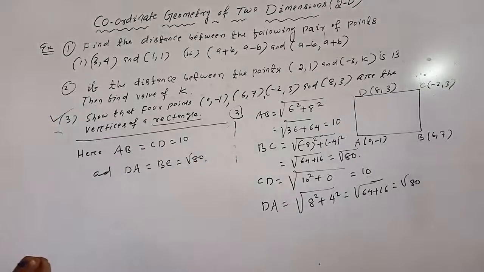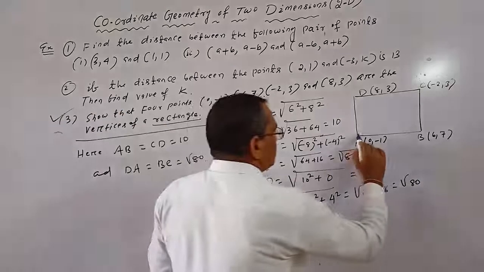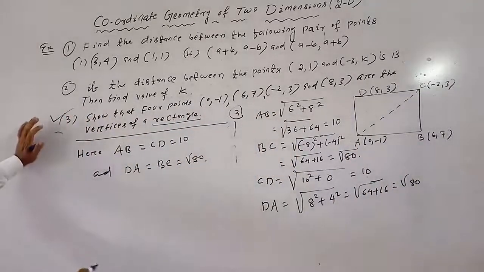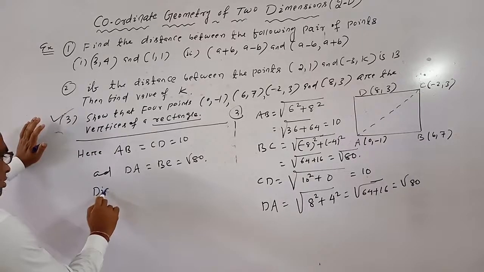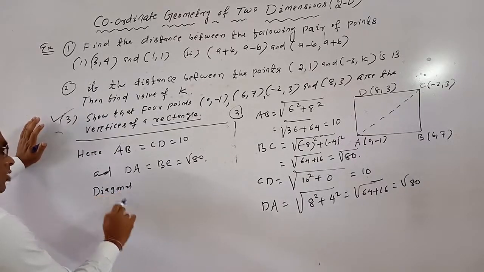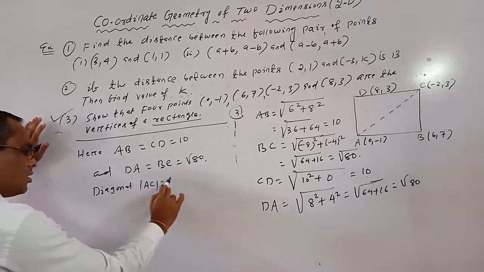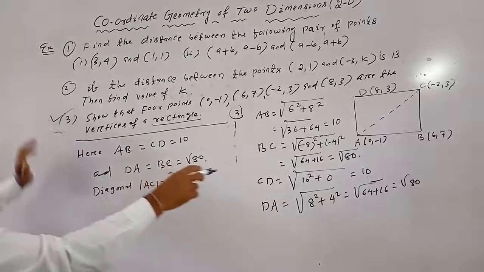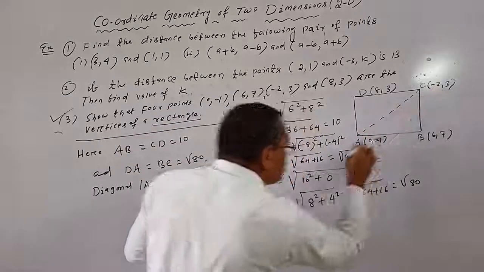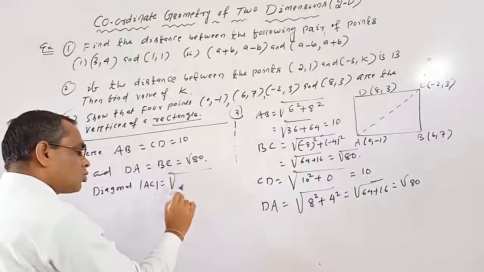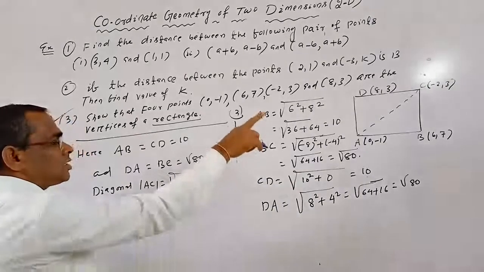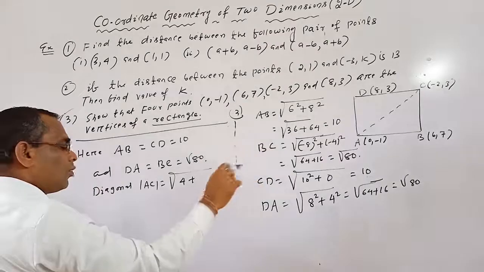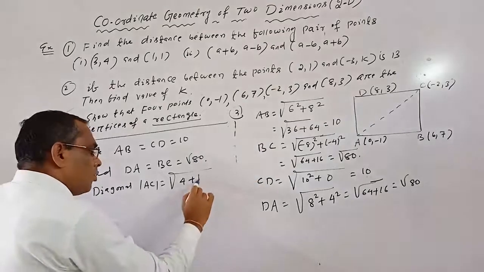Next we have to calculate the diagonals. The length of diagonal AC equal to root of, what is the distance AC? Minus 2 minus 0, square means 2 square, 4, plus 3 minus 1, which is 2, so 4 square 16?